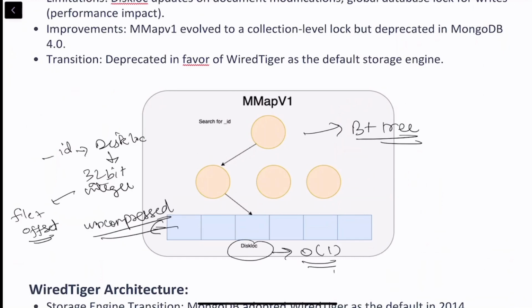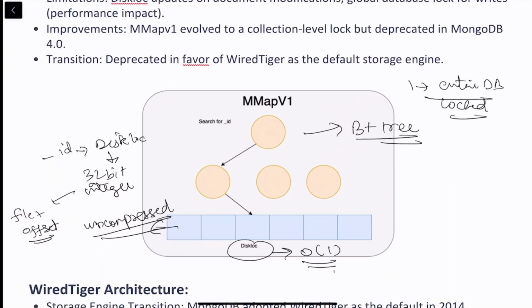However, the memory map had certain limitations. The first and foremost one was that the lock for the write operations was at the global DB level. So any one write operation would have the entire DB locked up, and this was a significant bottleneck for the writes.